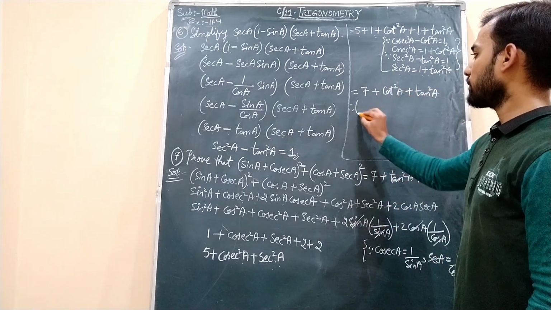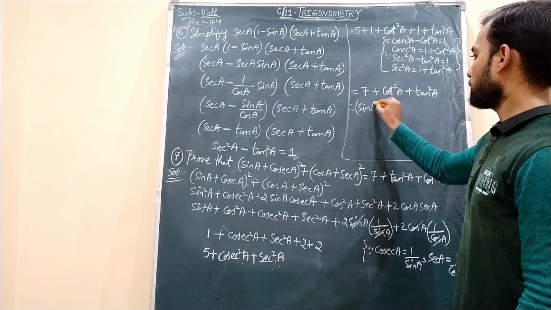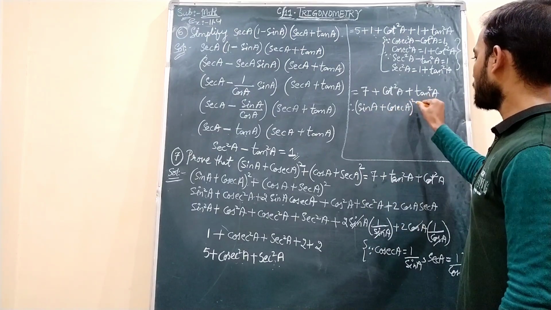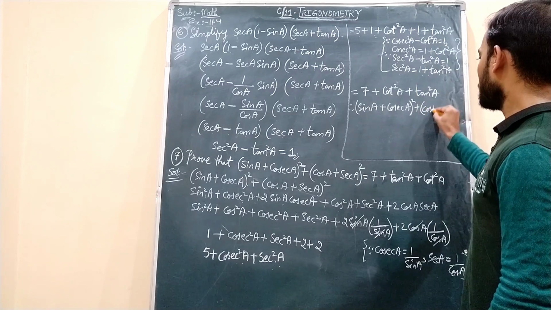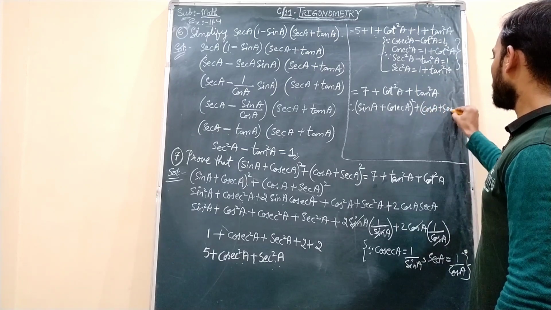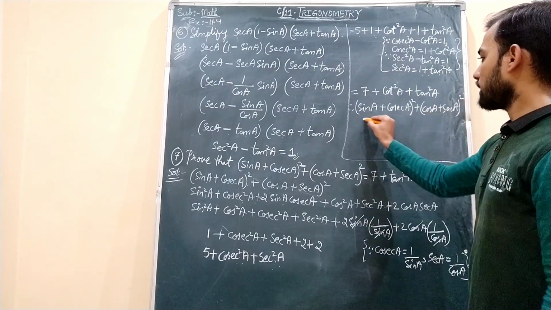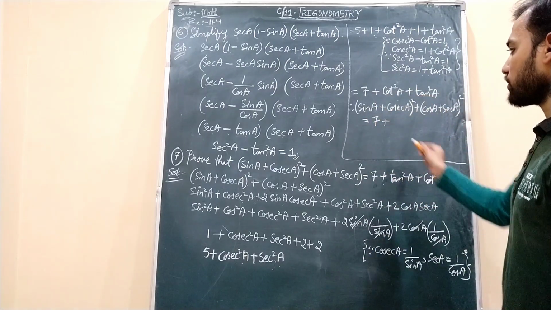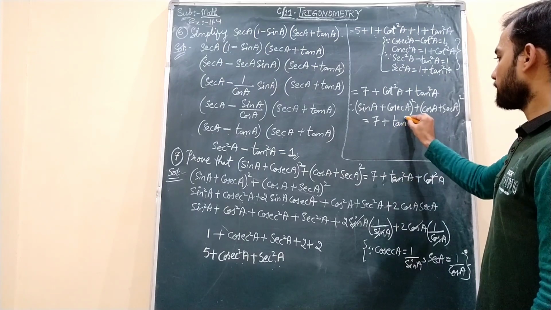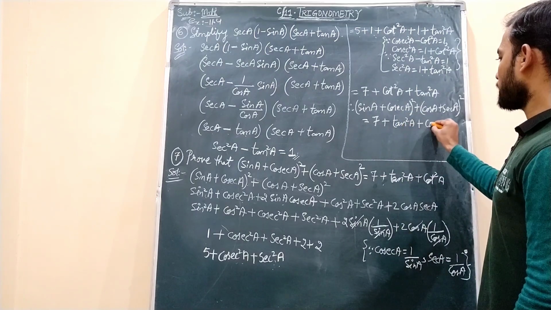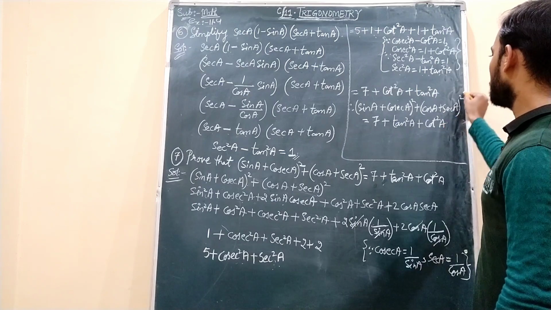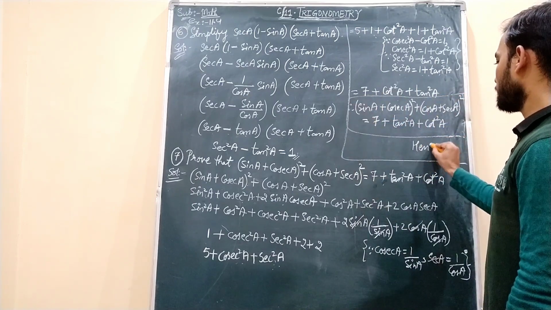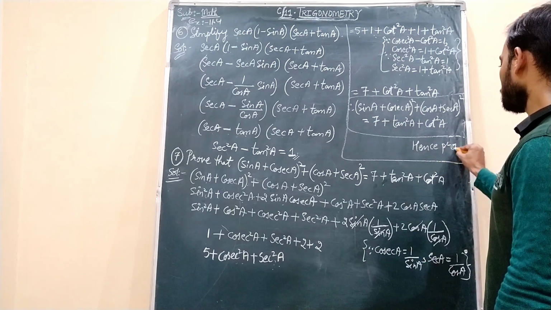So at last we can write: therefore, sin A plus cosecant A whole square plus cos A plus secant A whole square equals 7 plus, as per the question's order, tan square A plus cot square A. Keep this complete thing in a box and write just below it, hence proved.